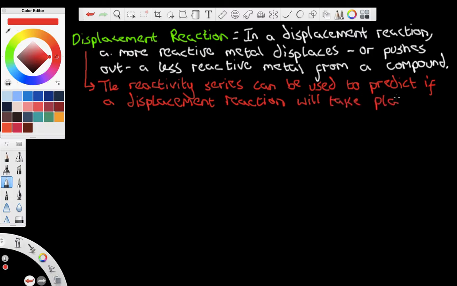So if we think back to last lesson, I'll quickly write down our reactivity series in blue. We said that it starts with potassium.